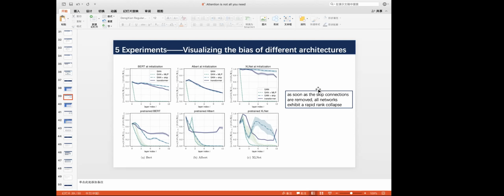So the only conclusion I can take from these is that some of these lines converge to 0, so some of these go to rank 1, which is definitely bad. But for the others, they don't converge to rank 1, and then we cannot say anything about them.